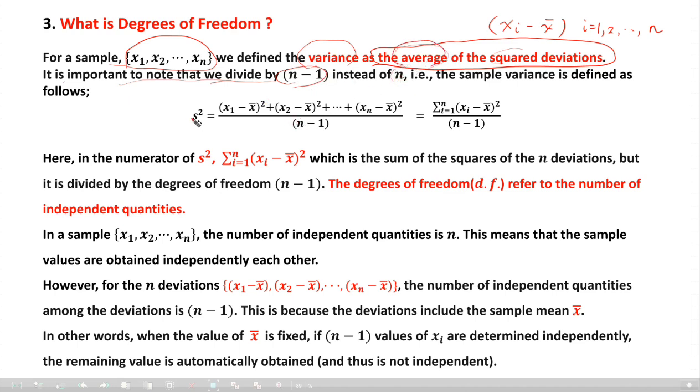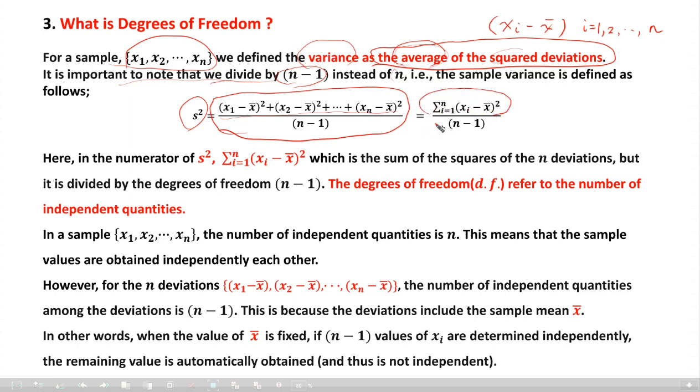So the sample variance s square is calculated as follows: (x1 minus x bar) squared plus (x2 minus x bar) squared plus ... plus (xn minus x bar) squared, divided by n minus 1. We define the sample variance formula like this. In short, the numerator is the sum of (xi minus x bar) squared, with i from 1 to n.